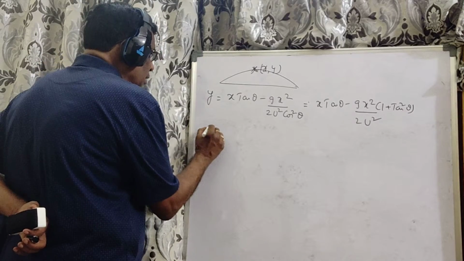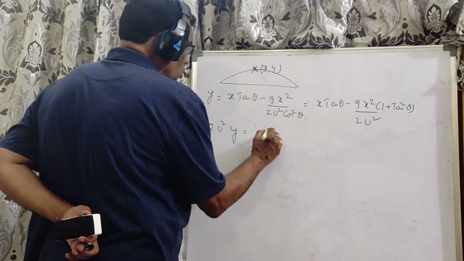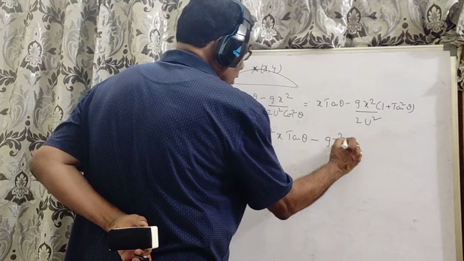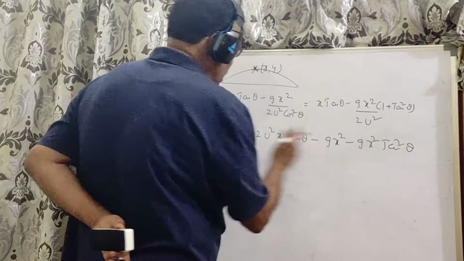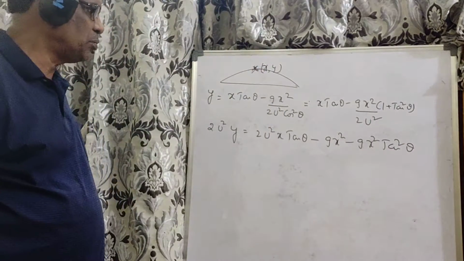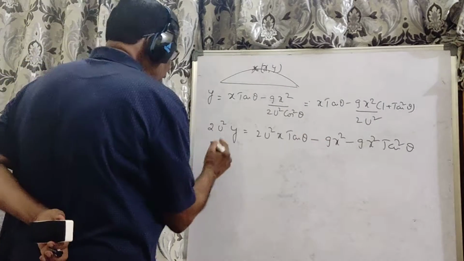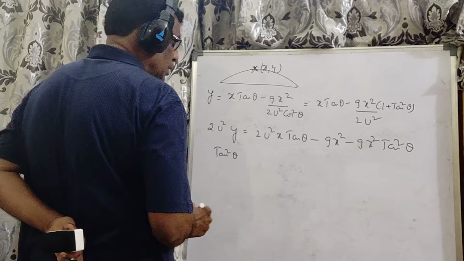Now I am rewriting 2u square y is equal to 2u square x tan theta minus gx square minus gx square tan square theta. I have cross multiplied and then written down. Now the whole thing I write in terms of tan square theta.